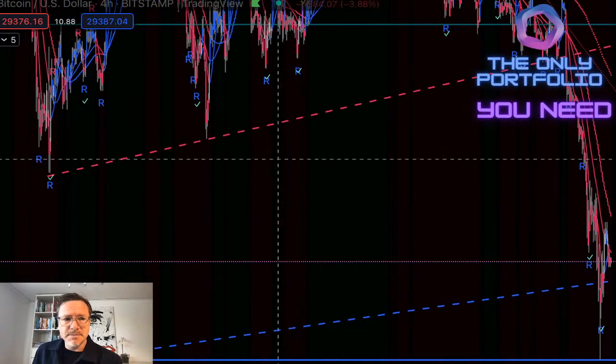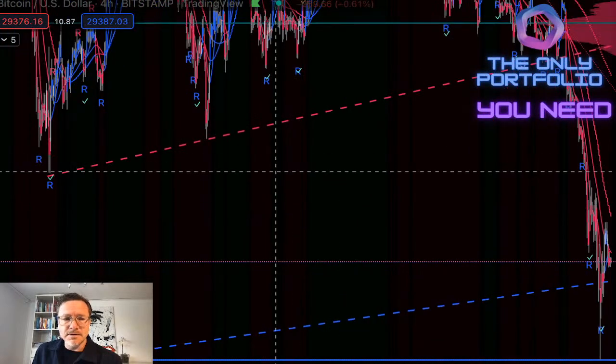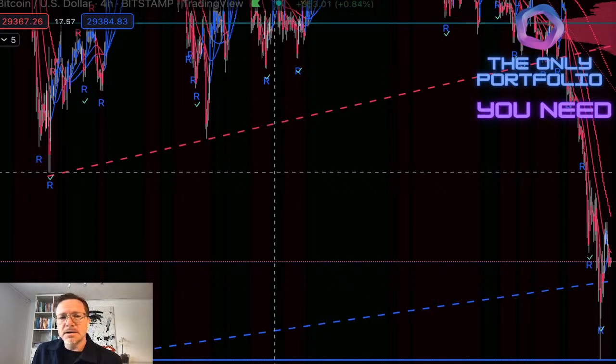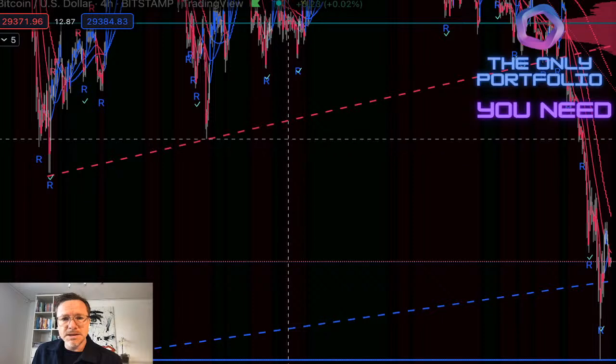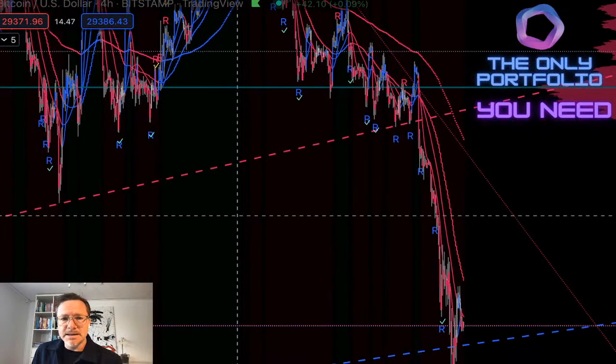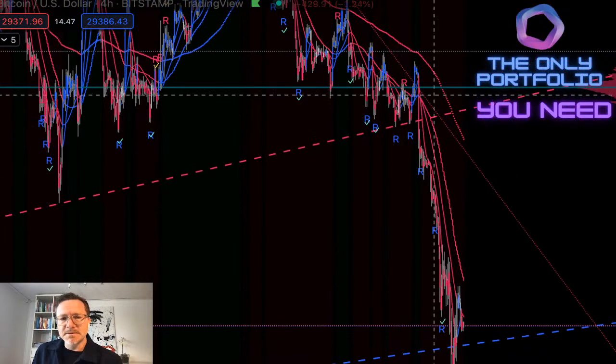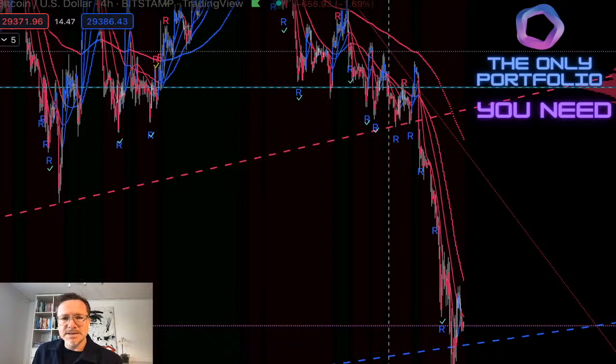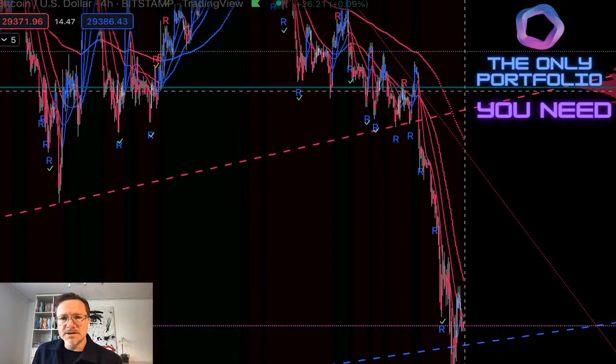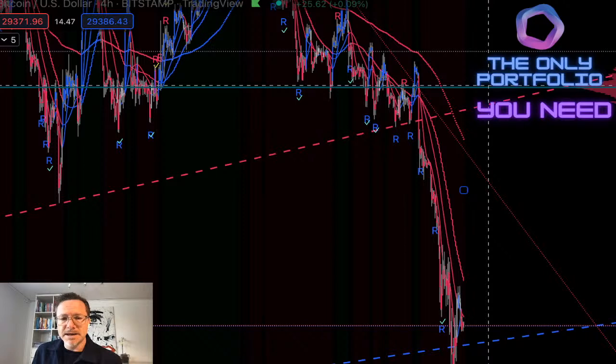If we go back in time, we have the 33 where potentially we could go. The next target will be 34.3, and then I expect this place to be the big confluence place that we need to fight. We need to get above this, but I'm really not believing in that right now.